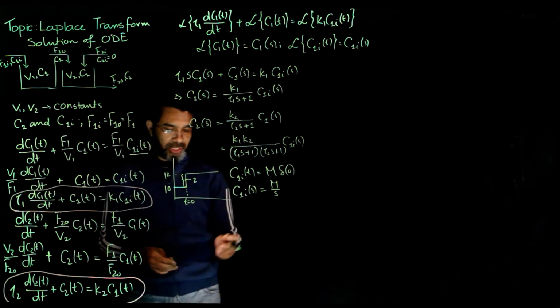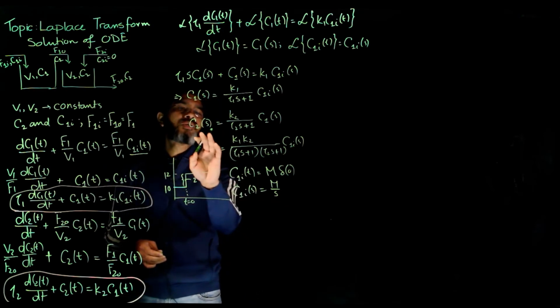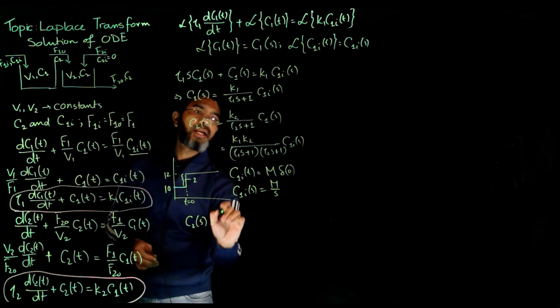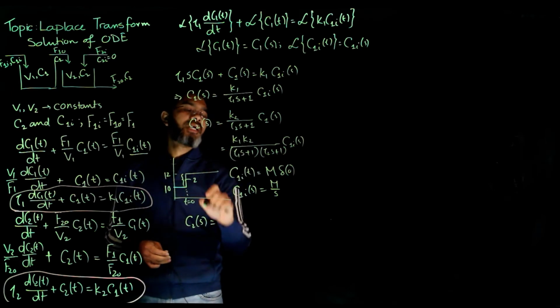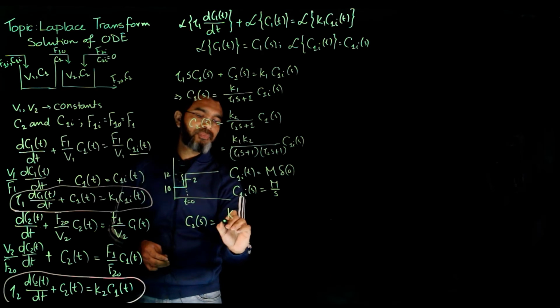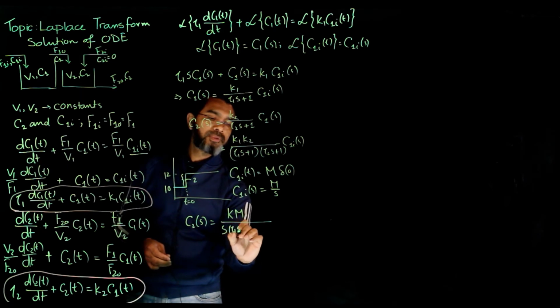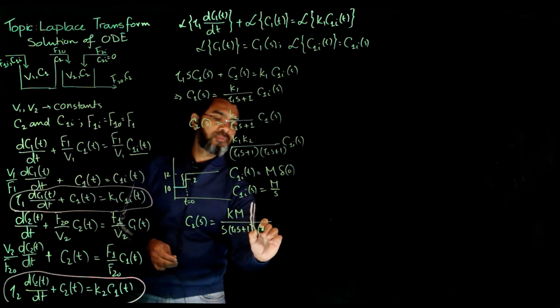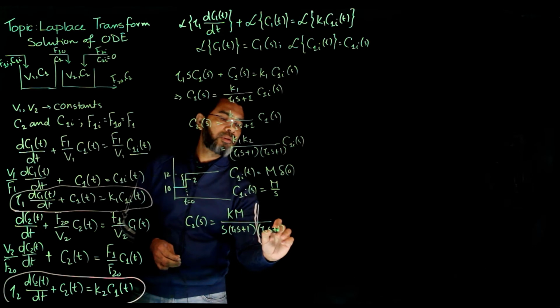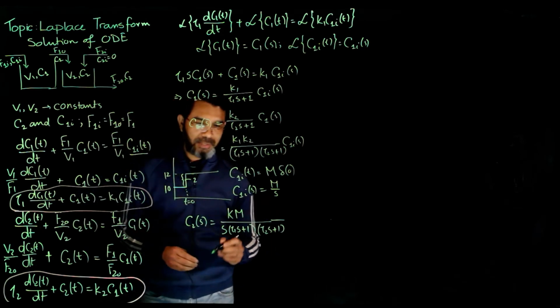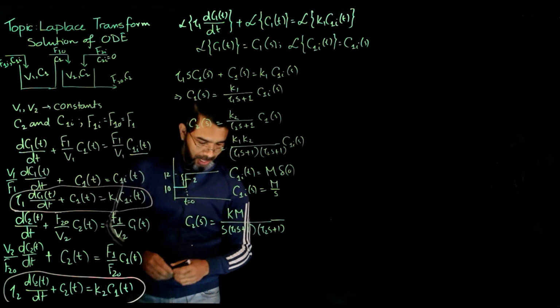So using this notation, at the end what we get, C2(s) will be, and if we define K1 K2 to be simply K, Km over s times (tau 1 s plus 1)(tau 2 s plus 1). Okay, so we get the expression for C2(s) like this one.